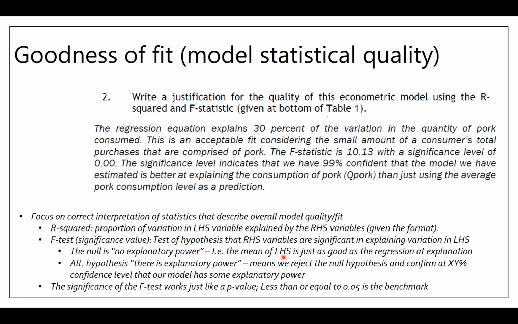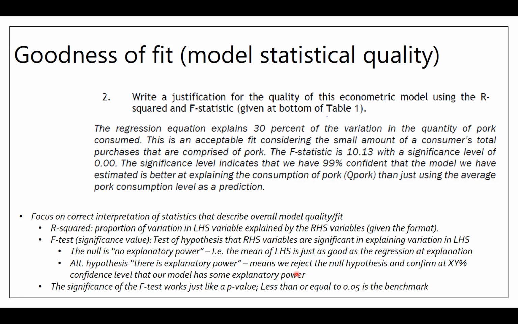If you had no explanatory power, then it would be best just to say we expect last year's quantity to be repeated. The alternative hypothesis, if you can reject that null hypothesis based on an F-test, then you say there is some explanatory power. It just means we have some.